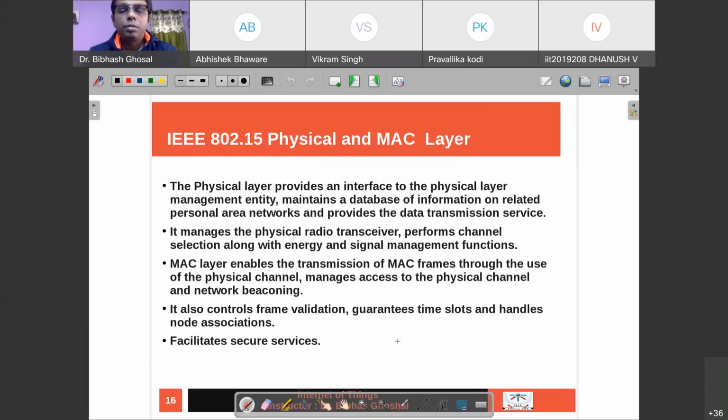Let's see what the physical and the MAC layers are. What exactly is this protocol planning to do? So it's actually an interface. The physical layer of this 802.15.4 handles the management. It maintains a database of information on different networks, and it provides a data transmission service.